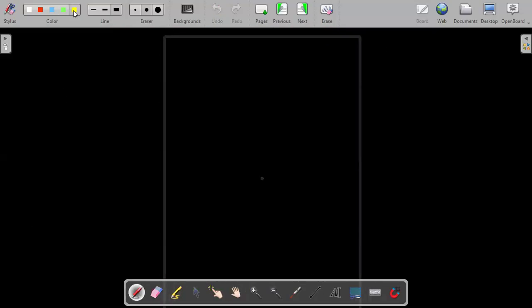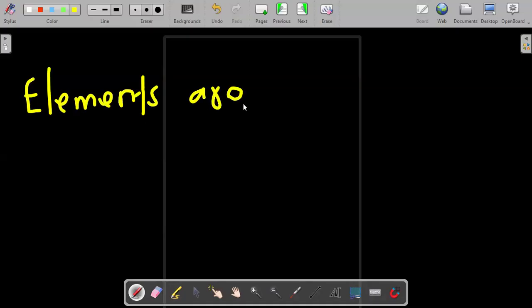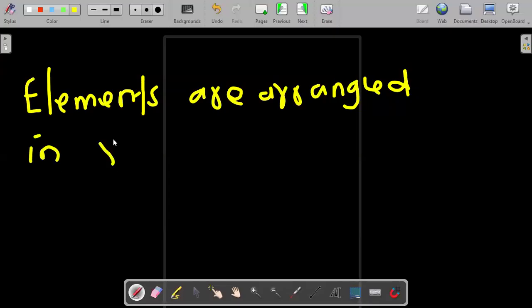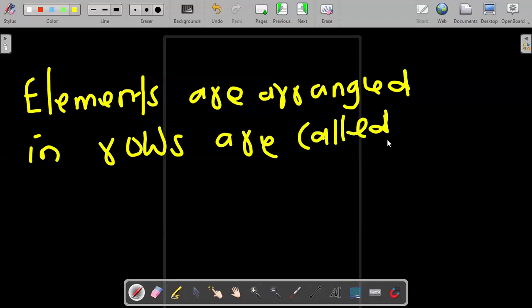This is very important. Elements arranged in rows are called periods.